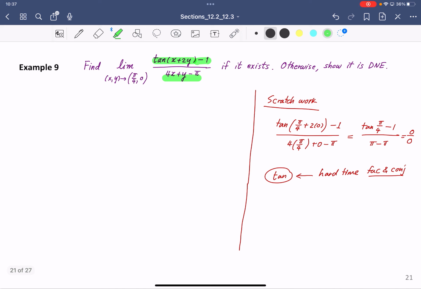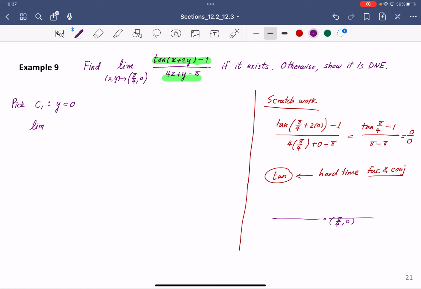The first one is, you can pick the line C1 first. Pick C1 to be any line that passes the point pi over 4, 0. So what is the first line that you can pick? y equal to 0, right? Because the point pi over 4, 0 is on the line y equal to 0, so it's going to pass this point for sure. So we're going to do the line y equal to 0 first.